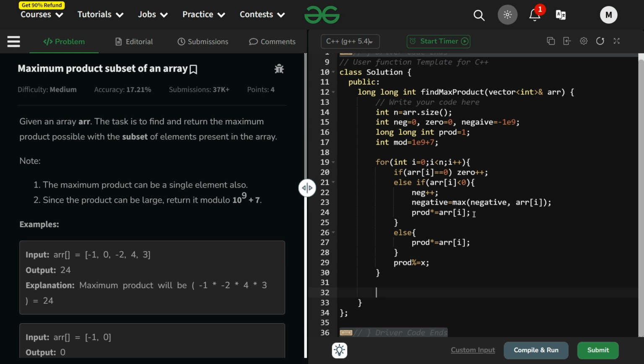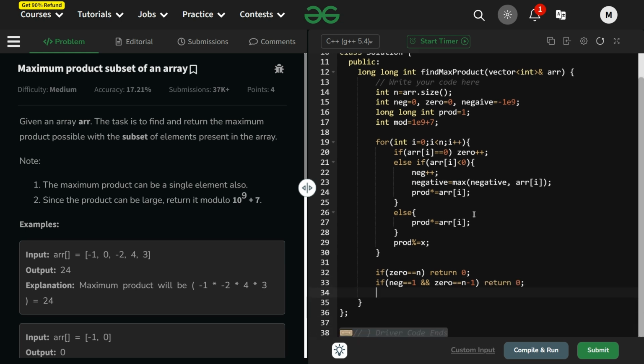After this loop finishes, I will just check for some conditions. First condition is all the elements are 0. If zero equals n, return 0. Second condition was if my negative count is equal to 1, and my zero count is equal to n minus 1, in that case also return 0. The third case is if my negative count modulo 2 equals 0, that is, an even number of negatives are present.